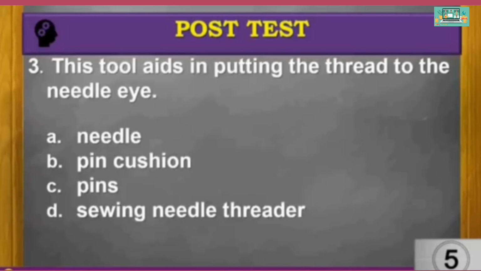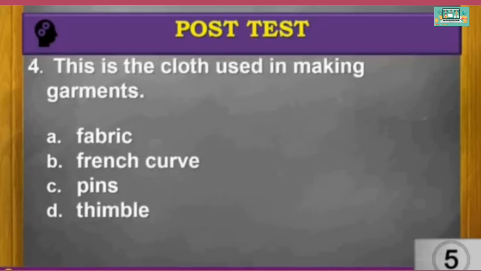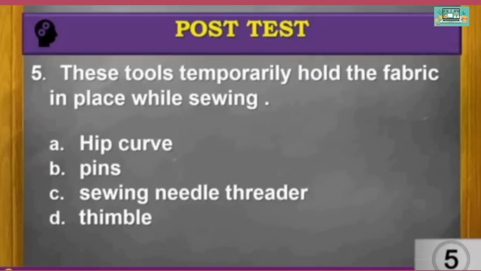This tool aids in putting the thread to the needle eye. Number 4. This is the cloth used in making garments. And number 5. These tools temporarily hold the fabric in place while sewing.